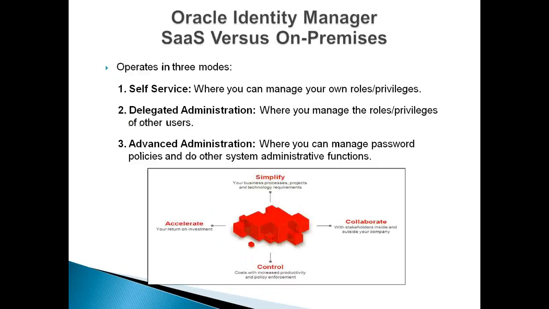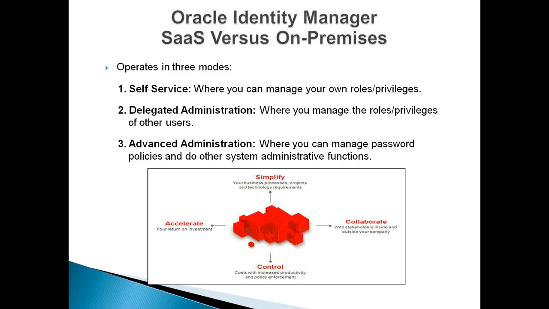Then the very important component which is used in the applications is the Oracle Identity Manager. So Oracle Identity Manager in the SaaS and how it works in on-premises. The OIM mainly deals with the security part of the Fusion Applications, and the user credentials will be managed in the Oracle Identity Management.